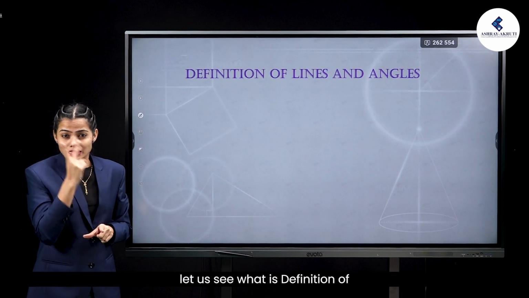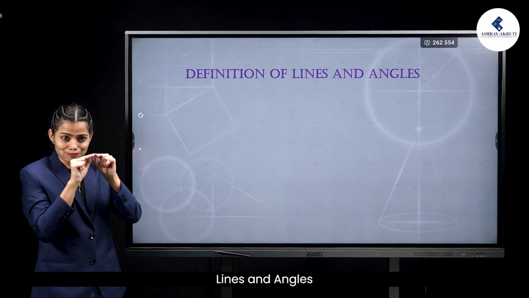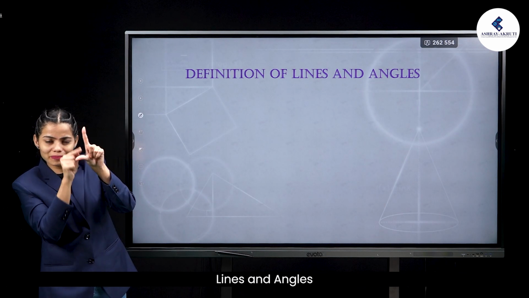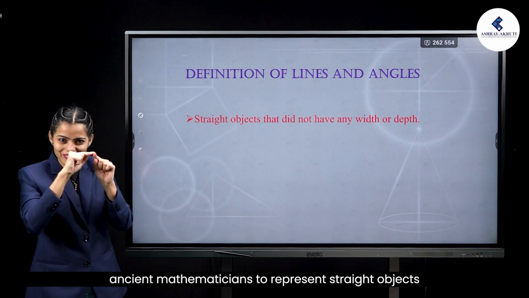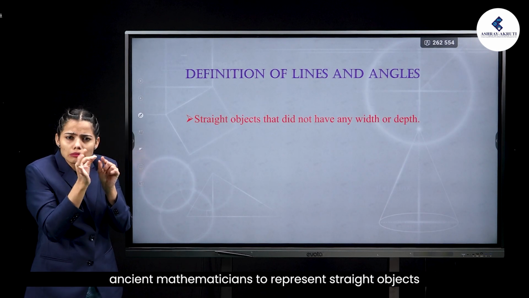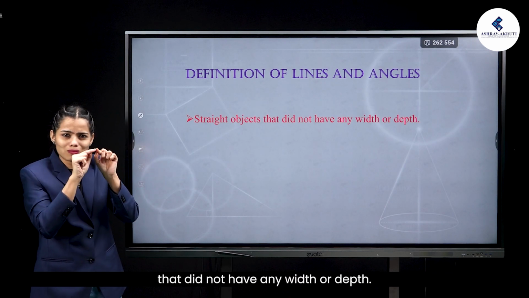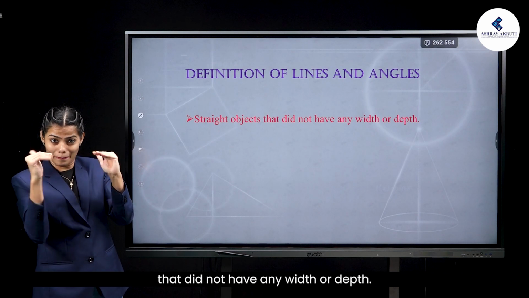Children, let us see what is the definition of lines and angles. The concept of lines was introduced by ancient mathematicians to represent straight objects that did not have any width or depth.